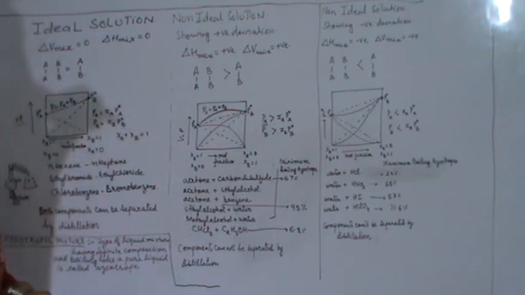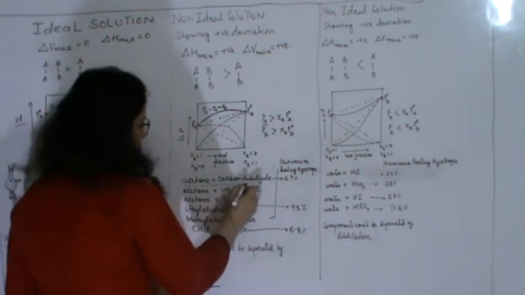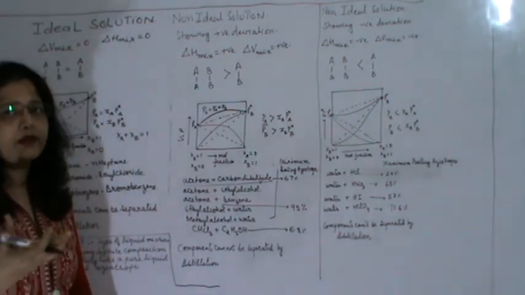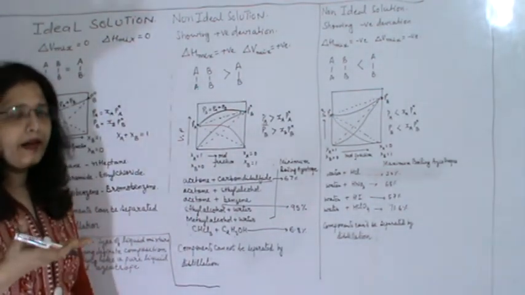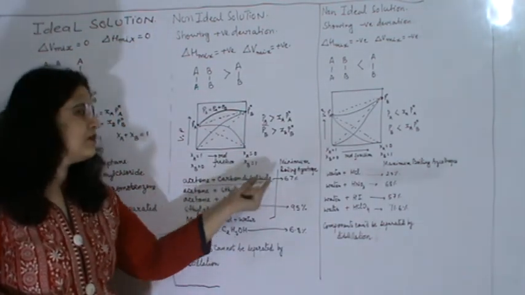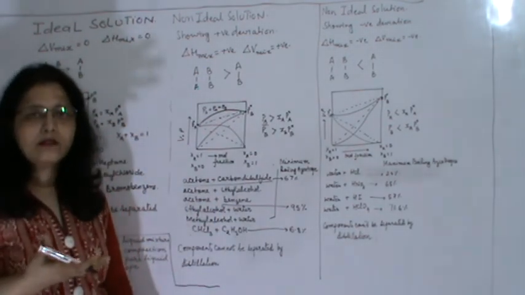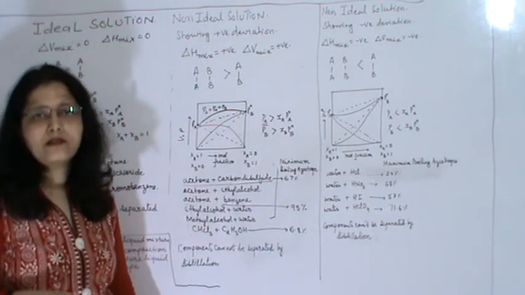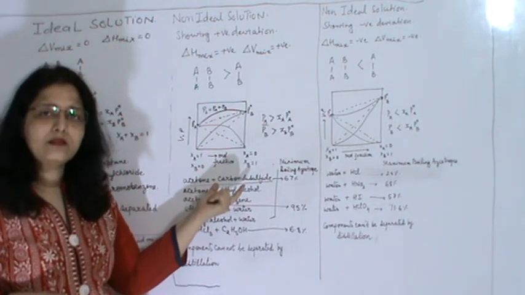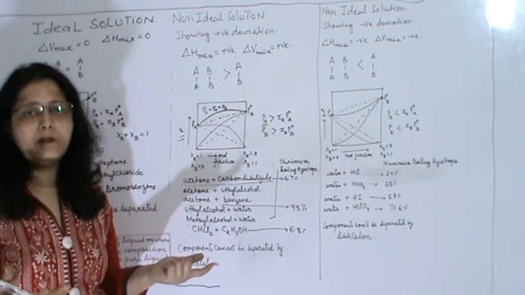Let us say we have a mixture of acetone and carbon disulfide and we start distilling them. A time will come when the carbon disulfide left in the solution is 67%. Now this acetone and carbon disulfide mixture does not get separated.